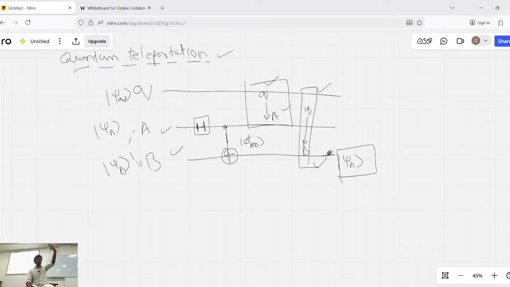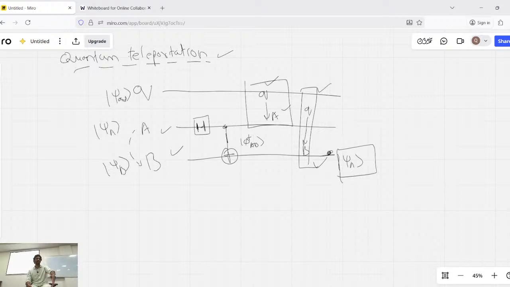A, B, and Q. Okay? A and B share an entangled qubit. Done. A has a qubit state. Q also has some qubit state, though Q does not need to have any qubit state as well.